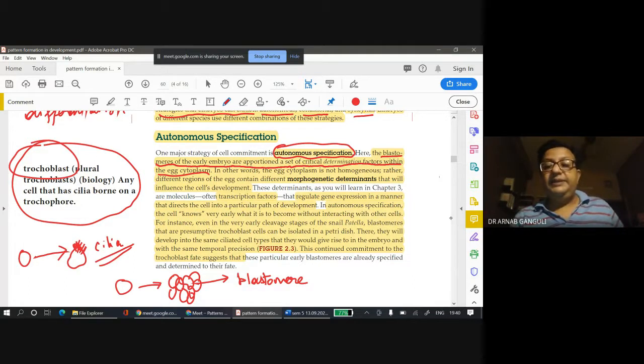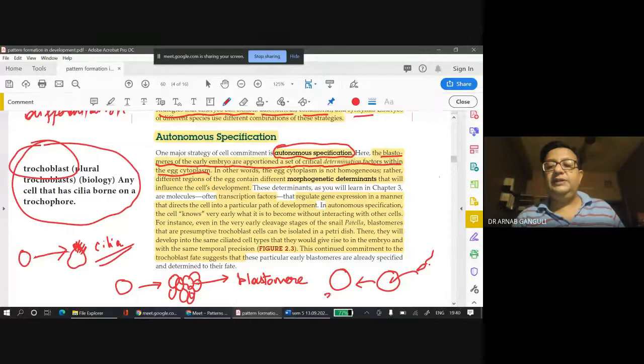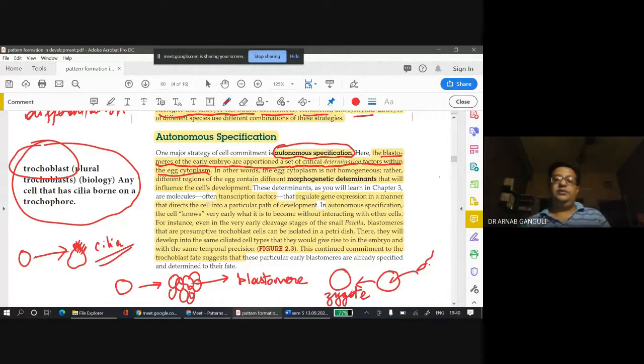How is the zygote formed? You have the egg, and the sperm comes and fertilizes and it forms the zygote over here.